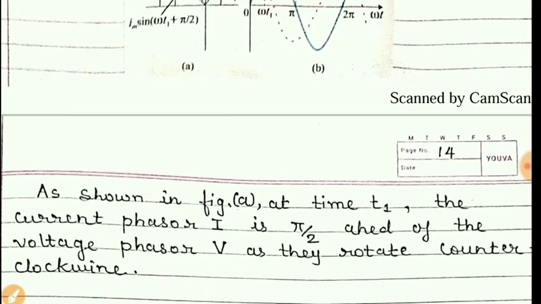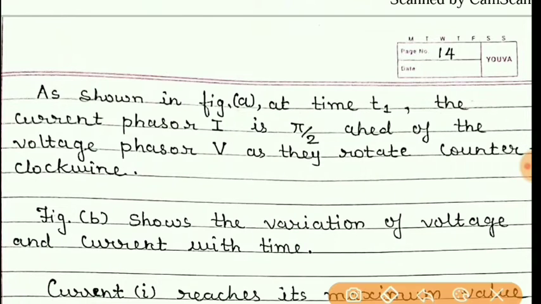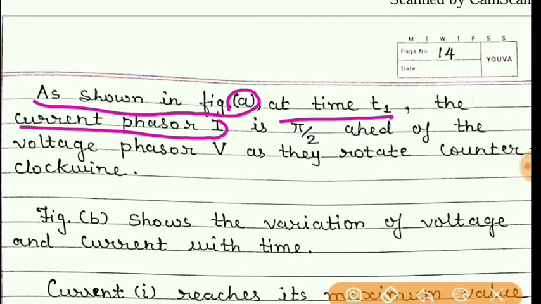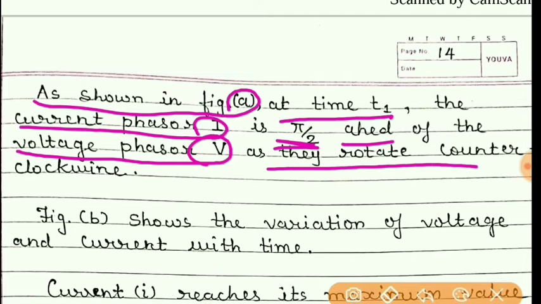Now I have written here, as shown in figure A, at time t1 the current phasor I is pi by 2 ahead of the voltage phasor V as they rotate counterclockwise. Counter means anti-clockwise.